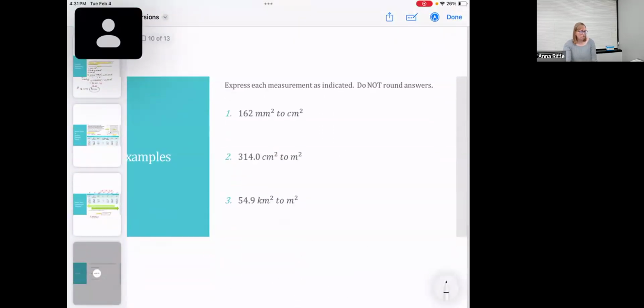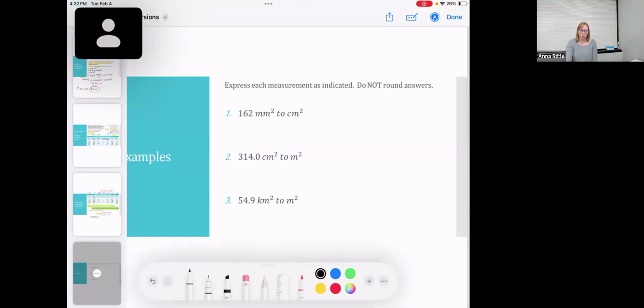All right. I will do one of these and then let you do a couple. Let's convert 162 millimeters squared, or square millimeters, to square centimeters. I'm going to write down my prefixes, but I'm going to put little squares by them to remind me I am starting with area. King Henry died unusually drinking chocolate milk.